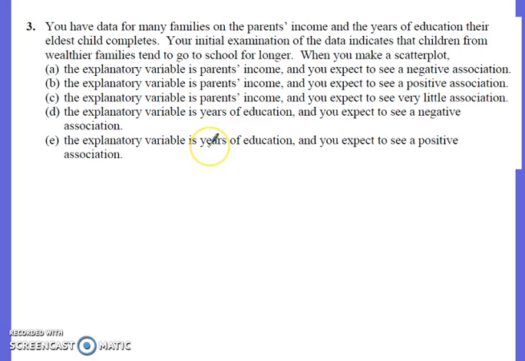Number 3, you have data for families on the parent's income, and they tell us that your initial examination of your data indicates that children from wealthier families, so as they have more and more money, also tend to go to school for longer. So this would assume 0, 1, 2, 3, all up to 12 to college, etc. So we would think that as money increases, so does their years of schooling.